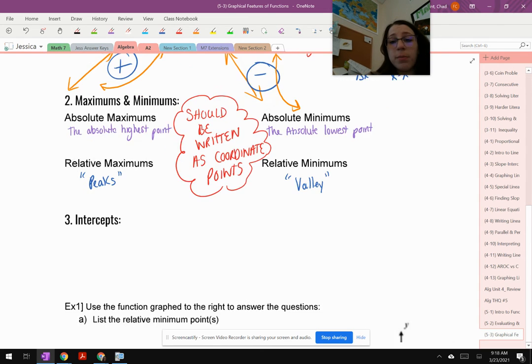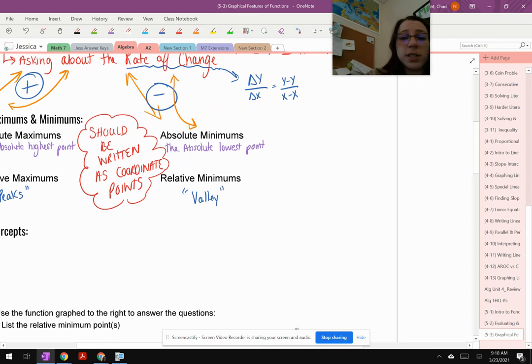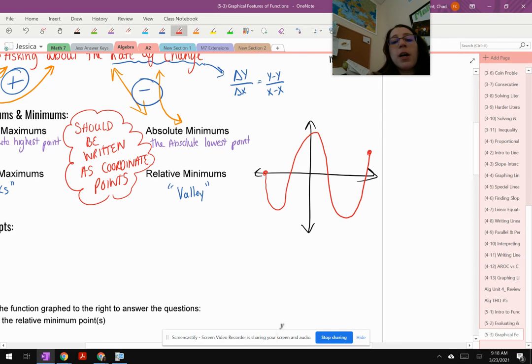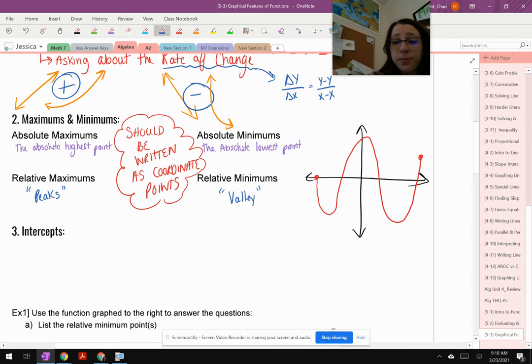I will do a little example really quick off to the side here. If I draw a graph, let's use red. So if we're looking at an example like this, this is the abs max.